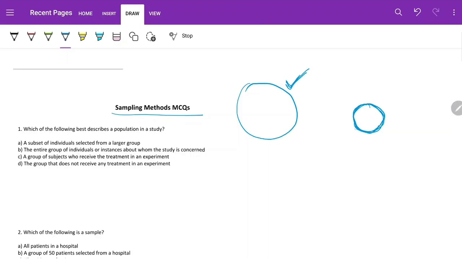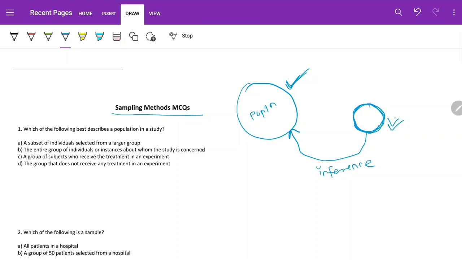That means we want to infer something about the population using the sample. So this procedure is what? Inference. We want to infer something about the population depending on the study of our sample. So that's why our sample should be a good representative of our population.